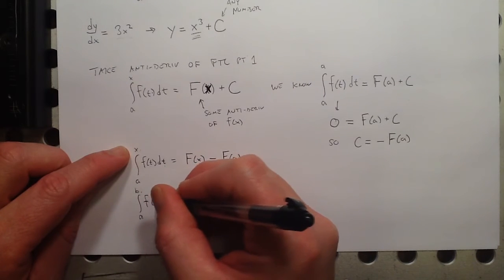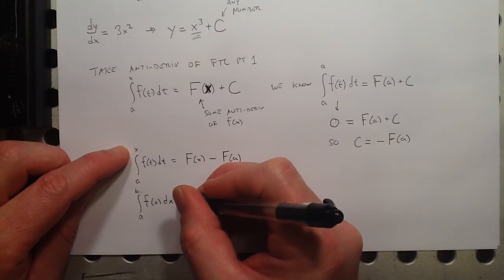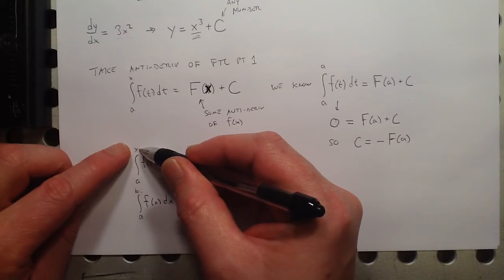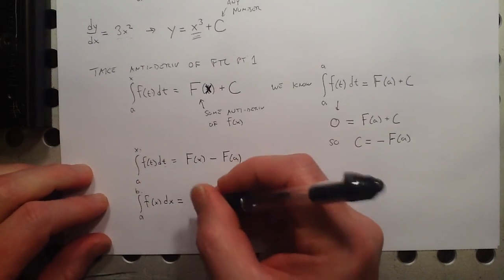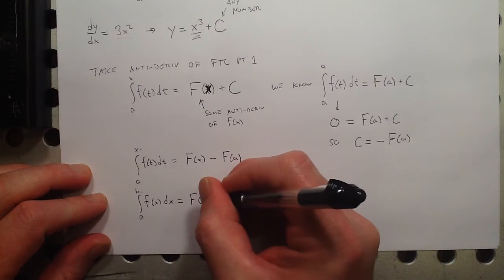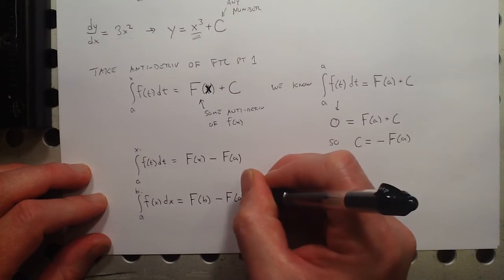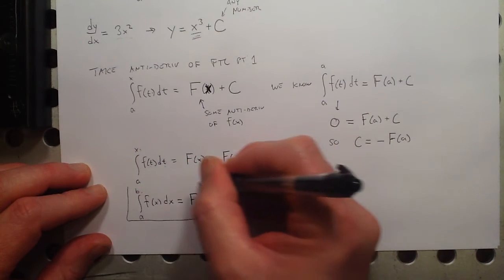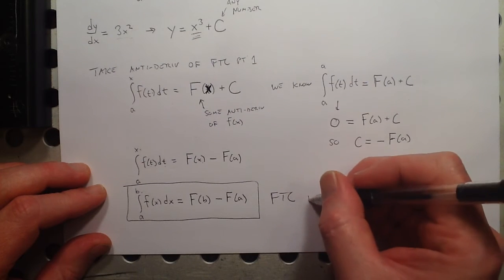If x isn't being used somewhere else, I can use that there. And now I'm plugging in a b here, so I have to plug in a b for this x also. Big F of b minus big F of A. And this is the FTC part 2.